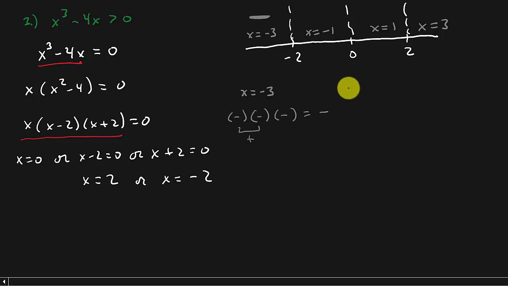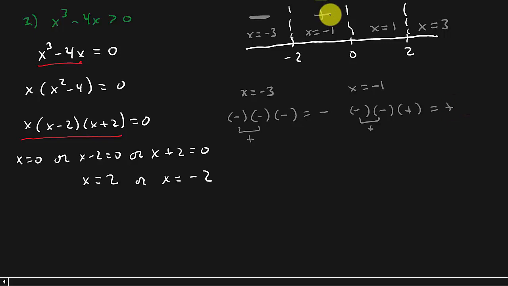And then I've got x equals -1. So if I plug the -1 into here, that's going to be a negative. Plug the -1 into here, -1 minus 2 is -3, which is a negative number. And -1 plus 2 is +1, which is a positive number. A negative times a negative is positive, and then a positive times a positive is positive.